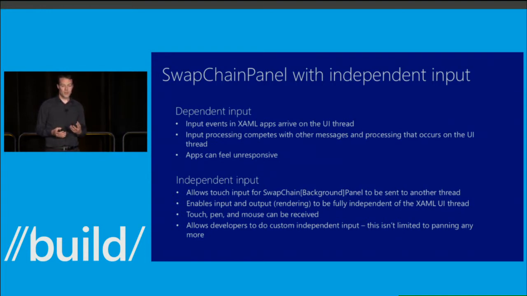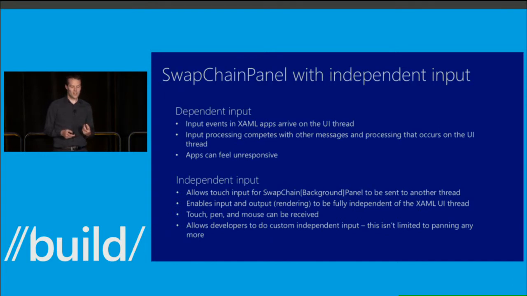In the framework, we allow you to do independent manipulation by using a scroll viewer. So if you put that element in a scroll viewer and just scroll it around, the application will feel pretty smooth. And the way we do that is by having off-thread events in the system compositor picking up the updates that are coming direct from the touch engine. So we call that independent input, and that's enabled by direct manipulation.